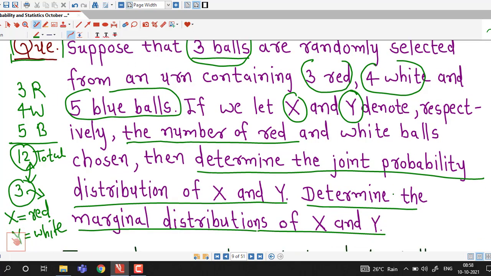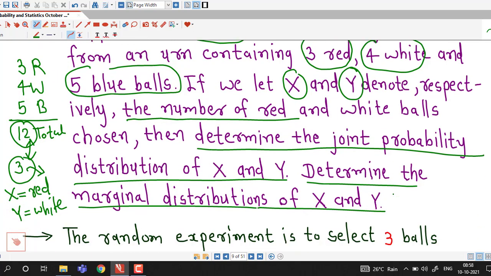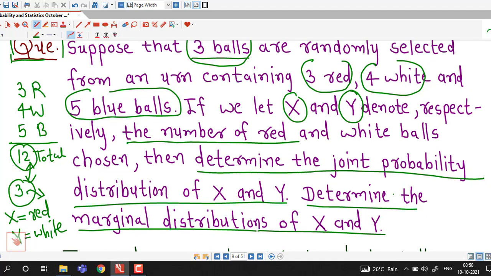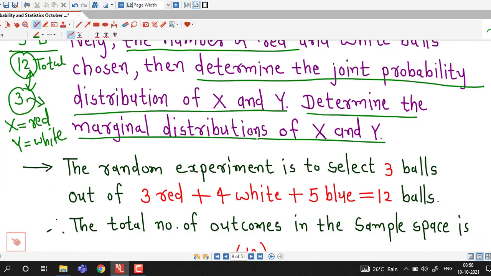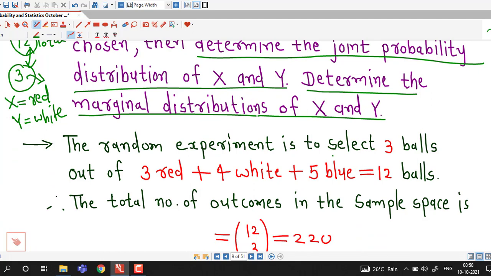So first we will determine the range of these two variables X and Y, and then we will see what is the range of the two-dimensional random variable, and then we will find out the joint probability distribution. Before that, first we write: the random experiment is to select 3 balls out of 3 red plus 4 white plus 5 blue, equal to total 12 balls.